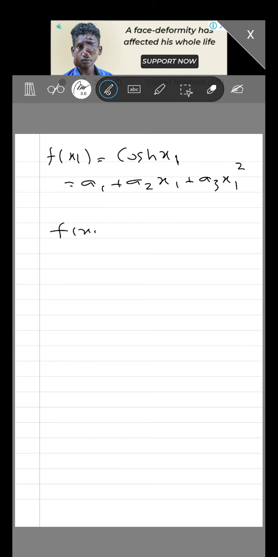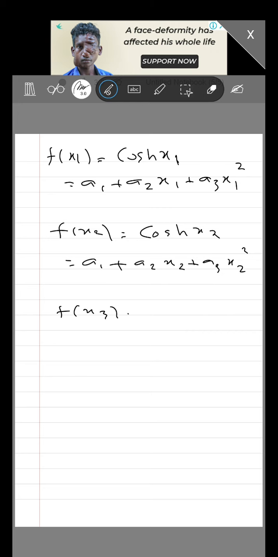The second equation is cos hyperbolic x2 is equal to a1 plus a2 x2 plus a3 x2 square, and the last one, f(x3) is equal to cos h(x3), and it is again equal to a1 plus a2 x3 plus a3 x3 square. So these three equations we will get.